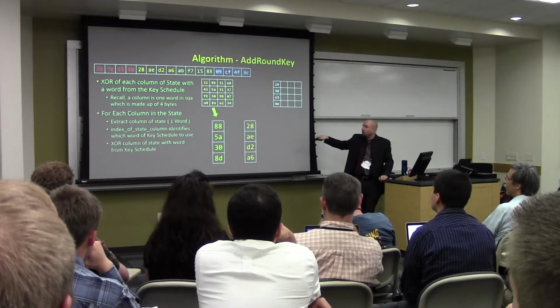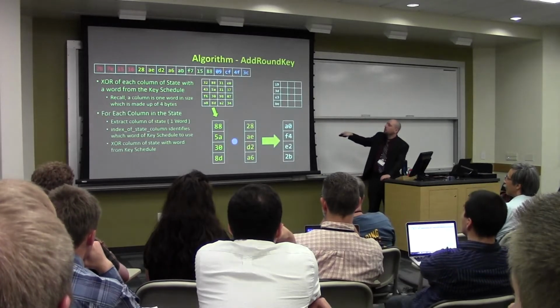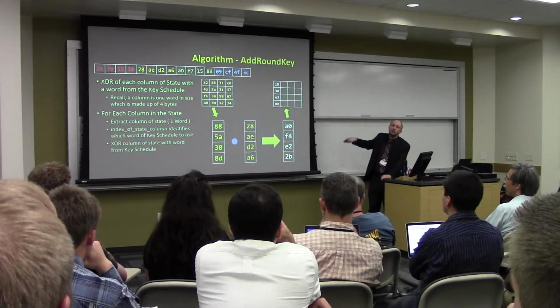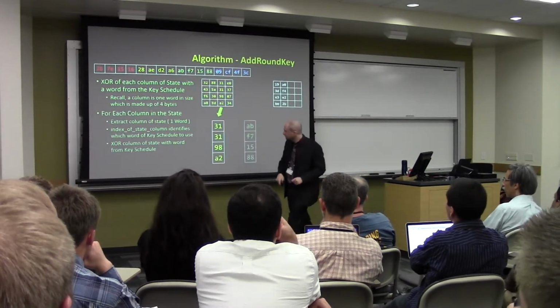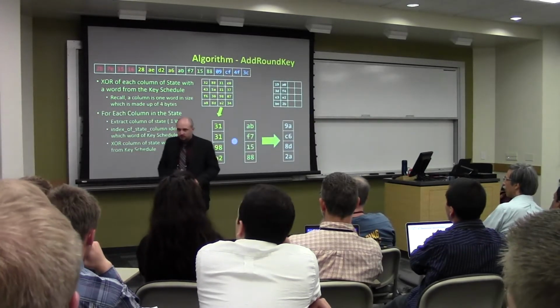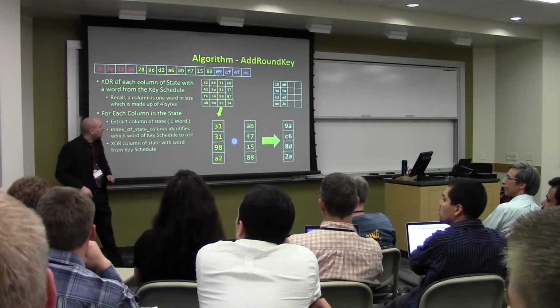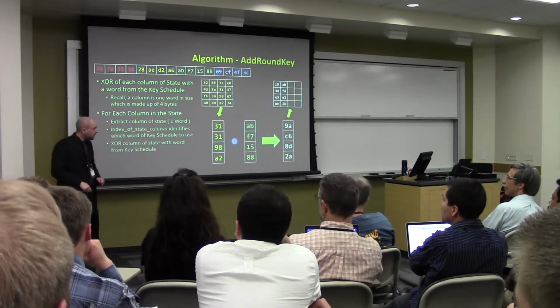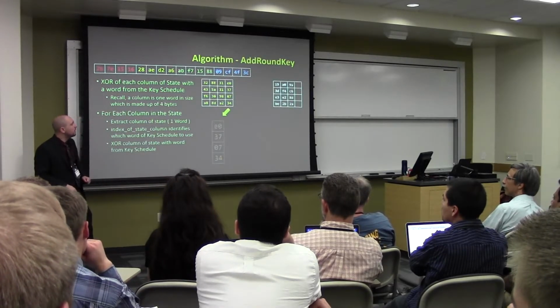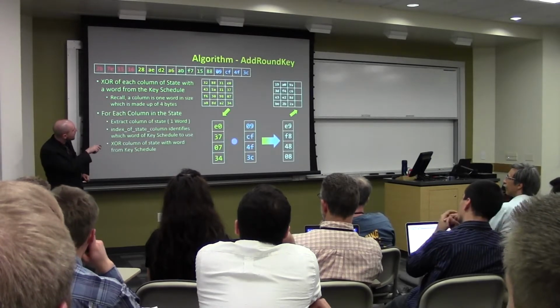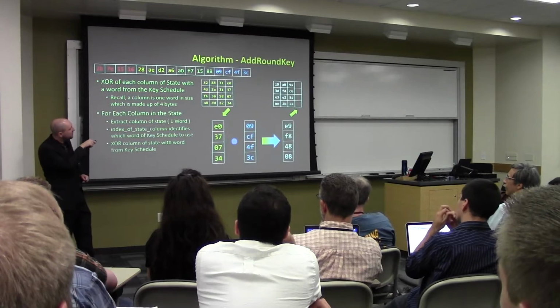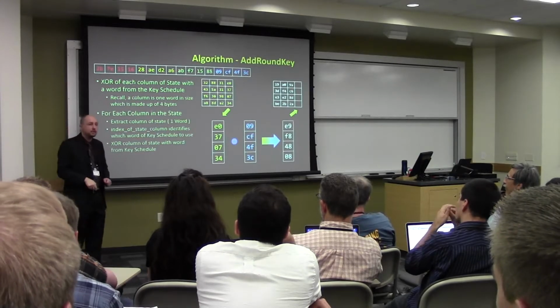We'll perform the exclusive OR operation, and we will generate our second column of our new resultant state. We'll repeat it again with the third column, and then one more time with the fourth column. All we're doing here is taking one word at a time and exclusive ORing them with every column from the state.